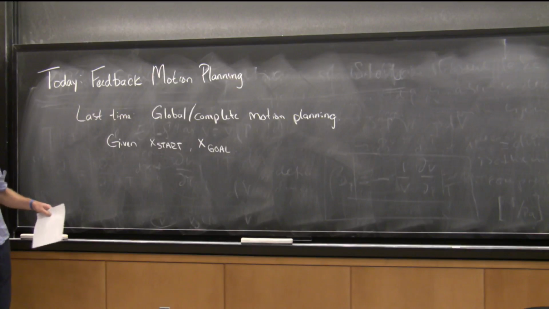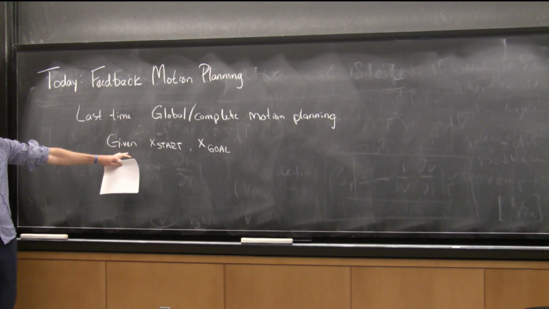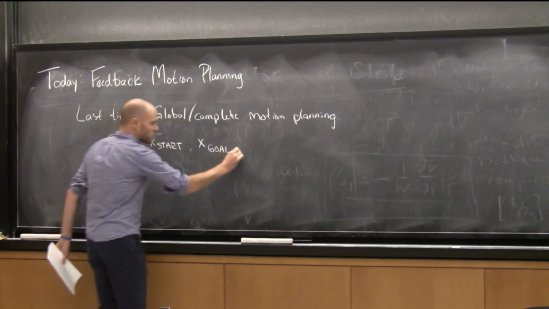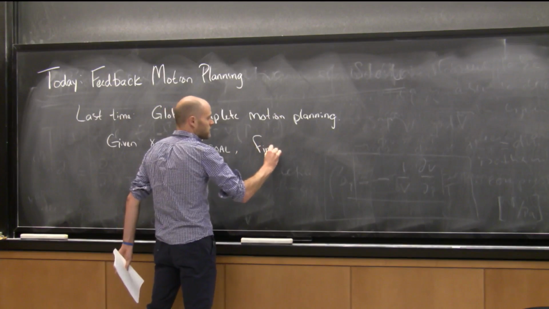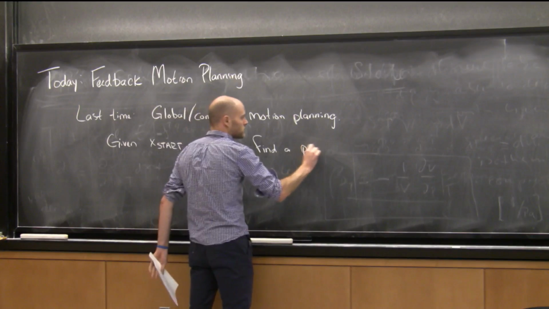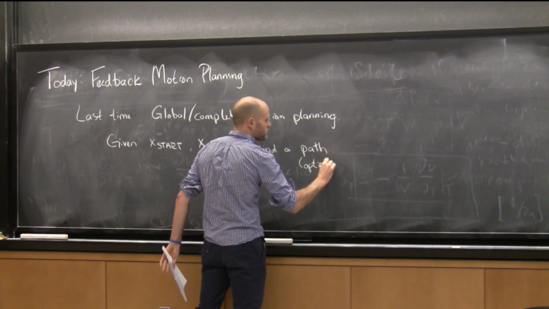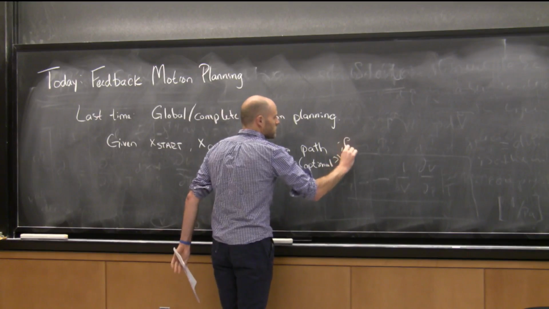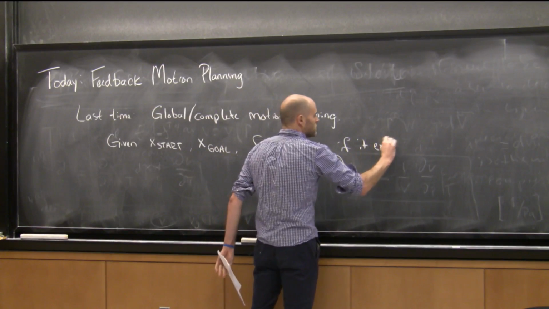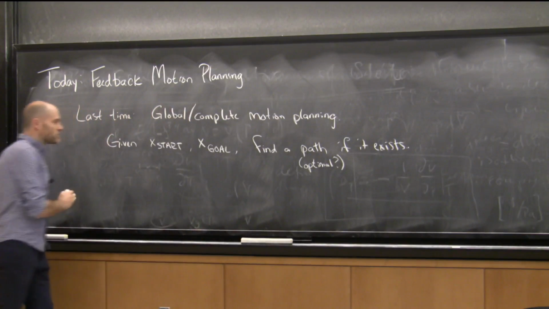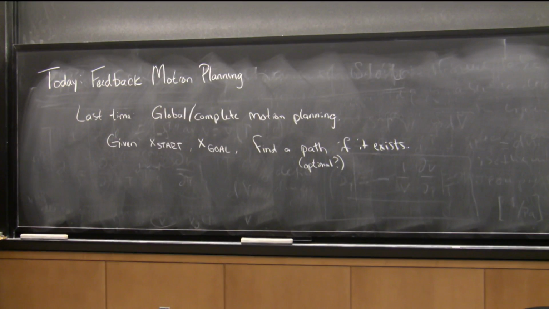So in particular, let's see what happens if I try to generalize the question a little bit. So I guess I didn't finish here. Potentially an optimal path. So I want to start by generalizing the question.